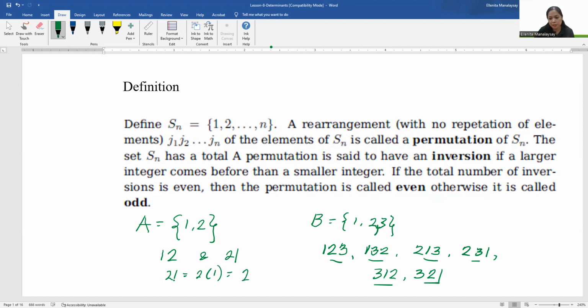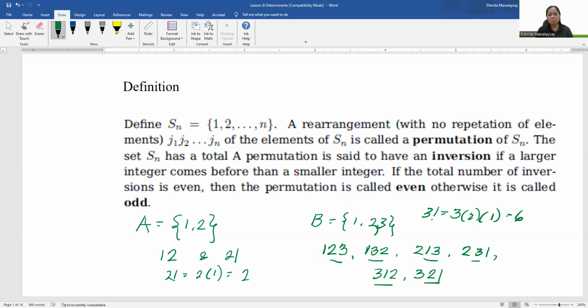In this case, there are 3 elements, so 3 factorial, which is 3 times 2 times 1, and we have 6 arrangements. And these 6 arrangements are given by this one. So that's how we do permutation.